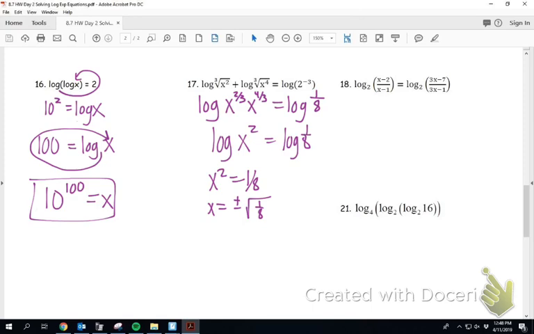The square root of 1/8 would be 1 over the square root of 8, because I square root the top and bottom, which I would rationalize. So I get root 8 over 8, and I can simplify that to 2 root 2 over 8, which would just be root 2 over 4.